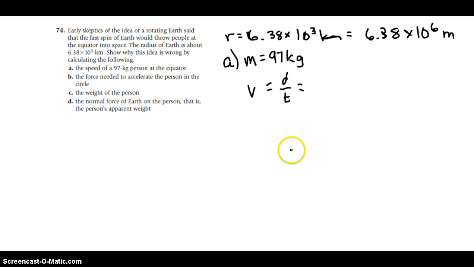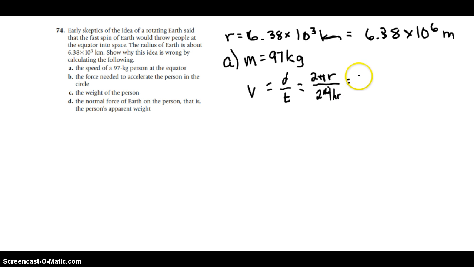So around the equator, your distance is going to be 2 pi times the radius, in other words, the circumference of Earth, over the time it takes Earth to rotate, and that distance would be covered in 24 hours, which is the rotational period of Earth.